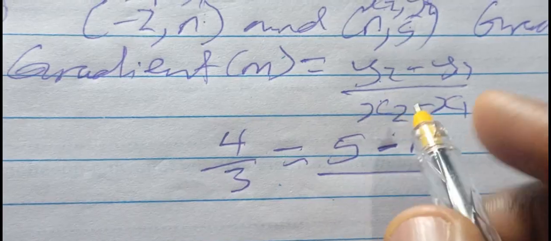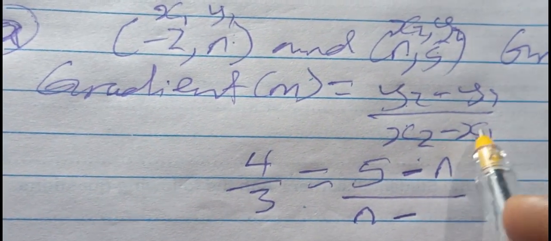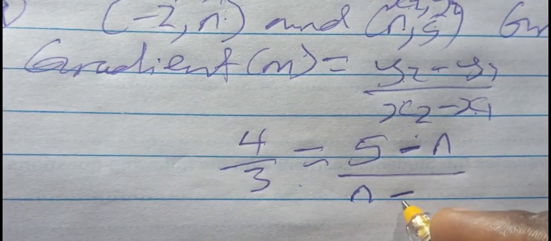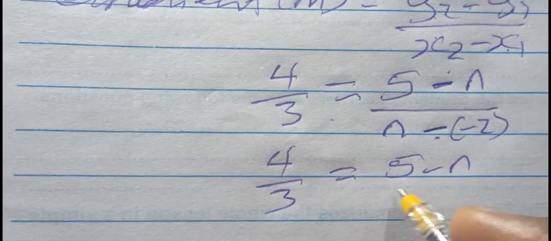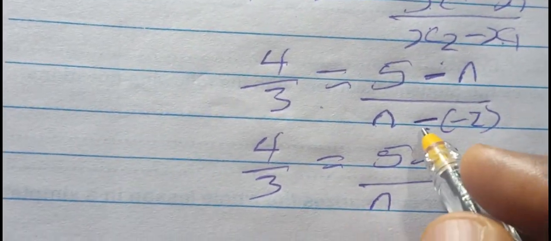Divided by x2, which is n, so we put n minus x1, which is minus 2. We have minus already, we put another one here. So 4 over 3 is equal to 5 minus n divided by n minus times minus, that should be plus 2.